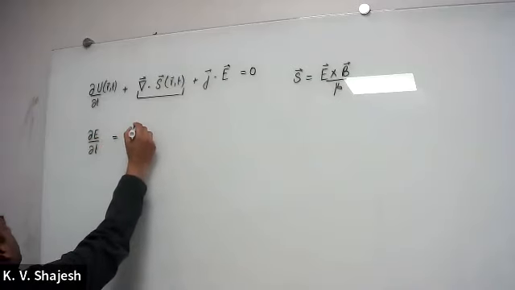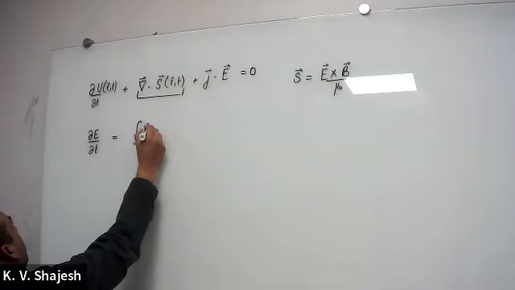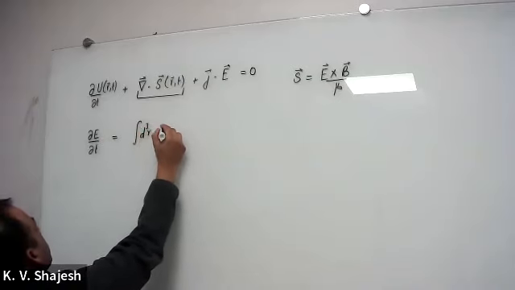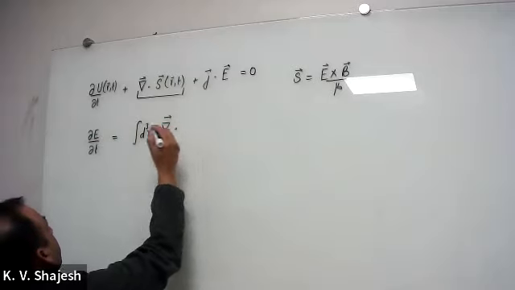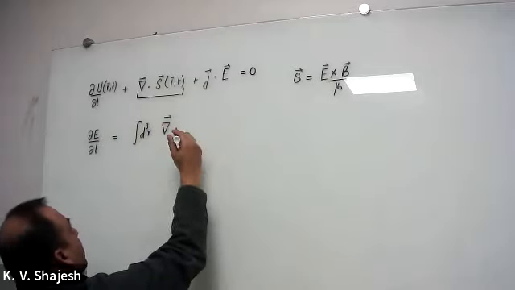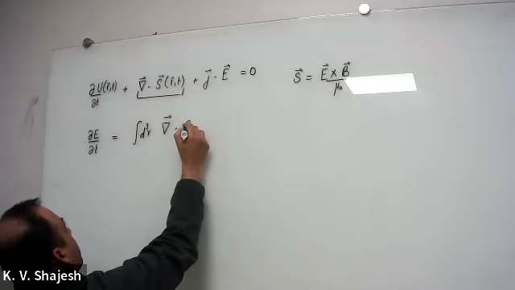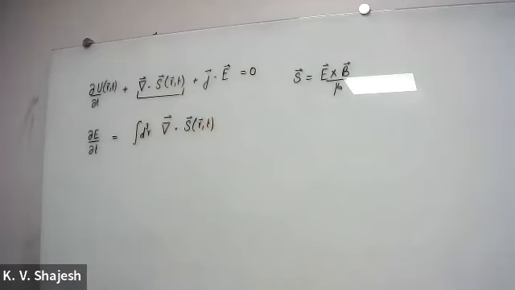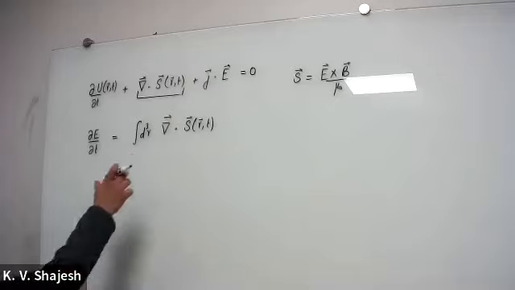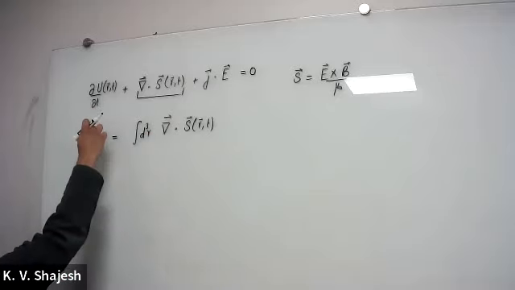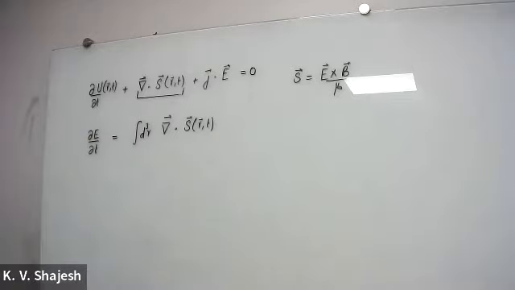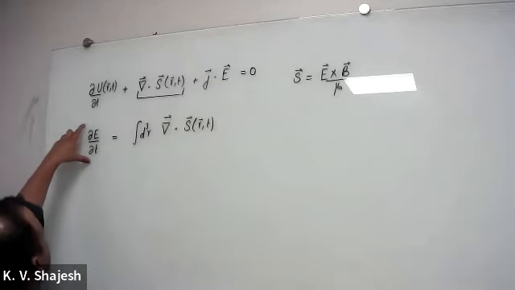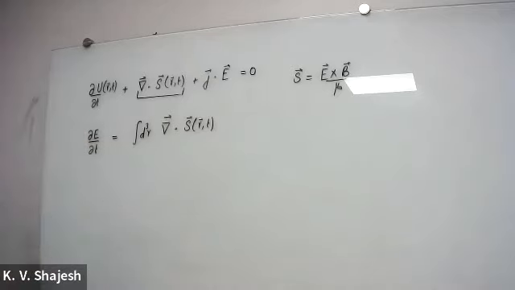So this is equal to the integral over the whole volume of the divergence dotted with S. Everything is in time. This is now the total energy. Notice that's not U, that's the total energy, and on the flux of that, or you can say this is the power. Power radiated over the whole dome is this volume integral.